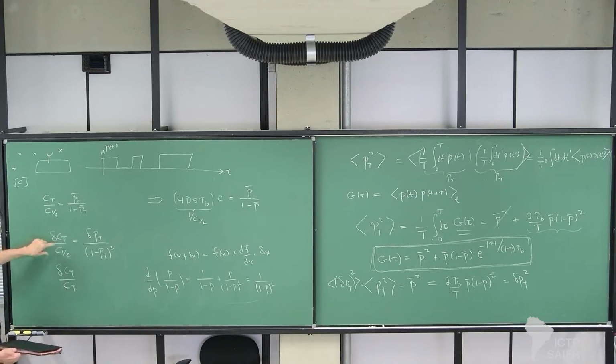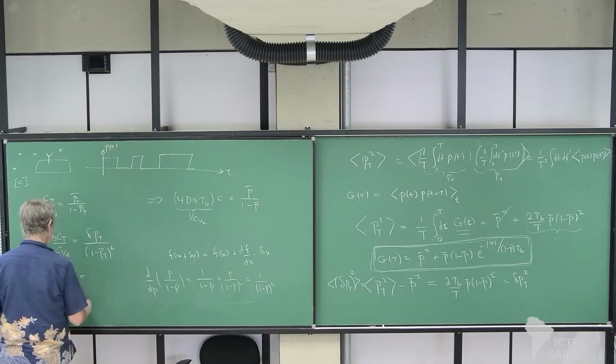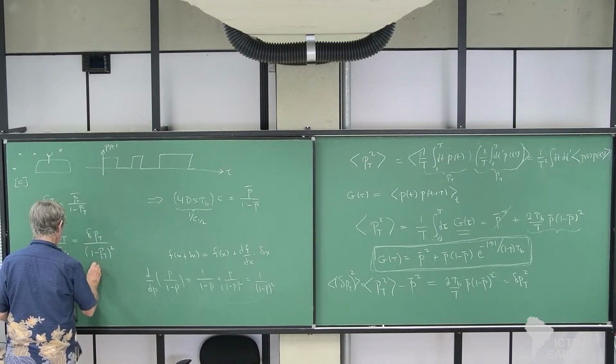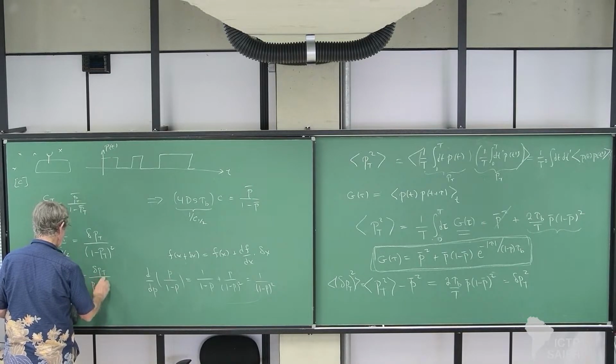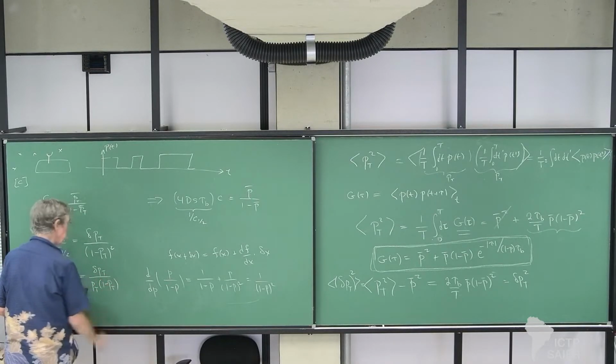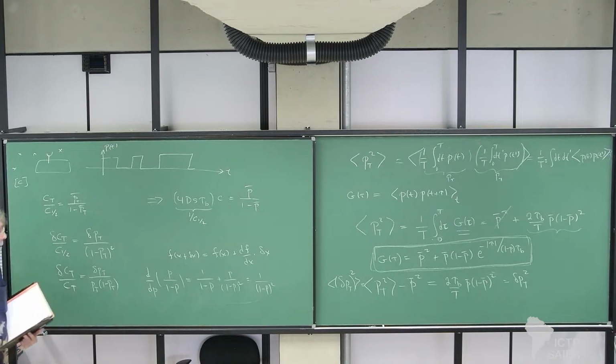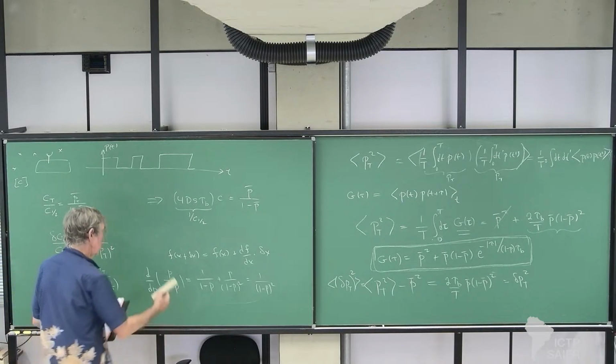So what I really want to do is to take this and divide it by that. And that's how I get delta PT divided by P 1 minus P, okay?